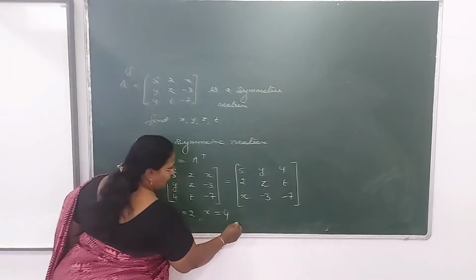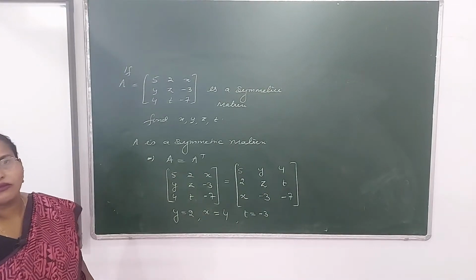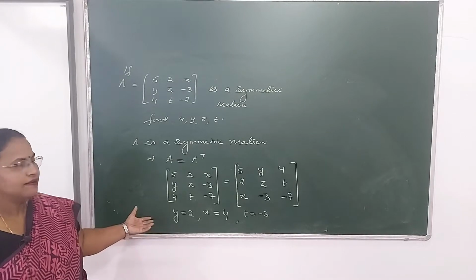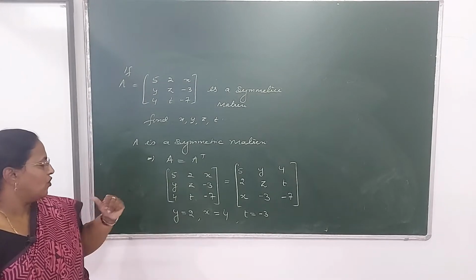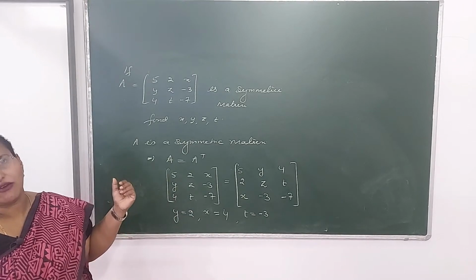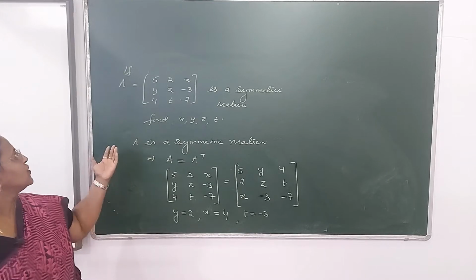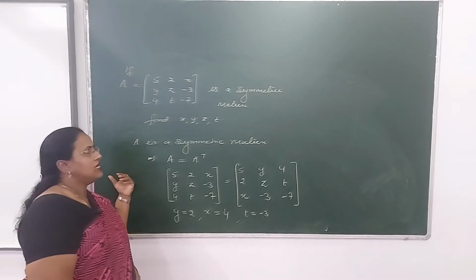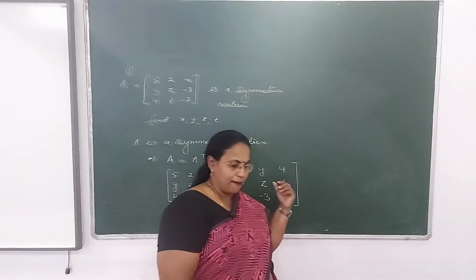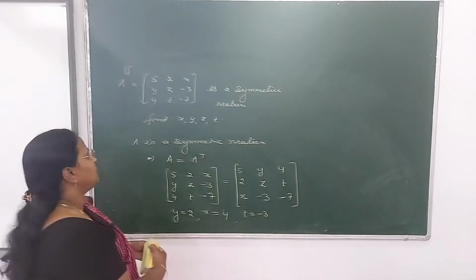What about t? The value of t is minus 3. Is this okay? So, the value of x is 4, y is 2, t is minus 3 and z can have any real number. Okay? So, this was the question based on the concept of symmetric matrix. Next question.